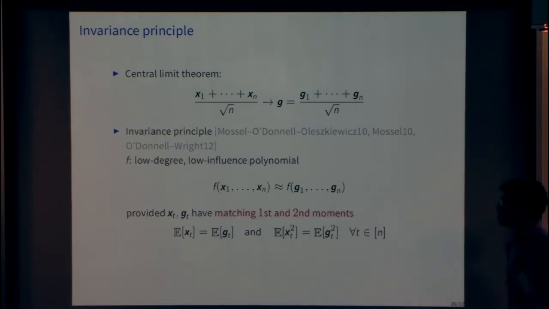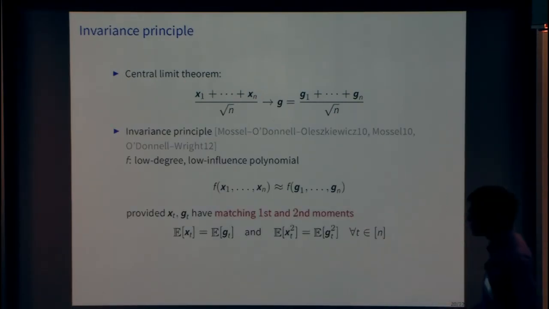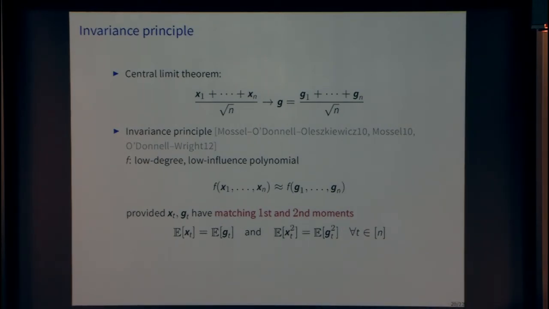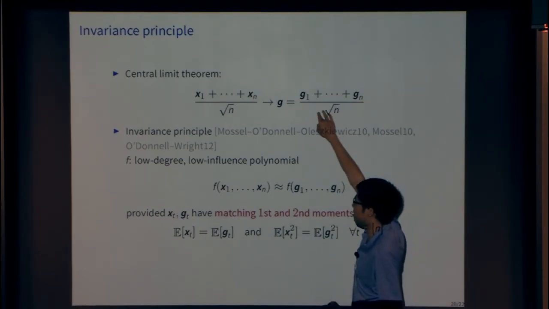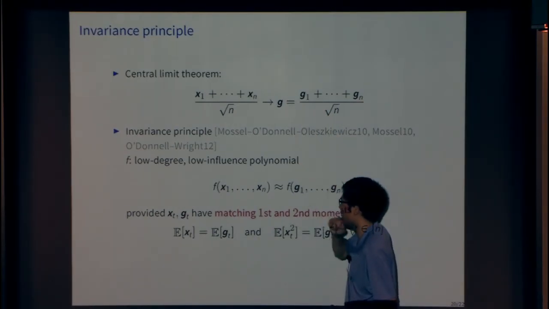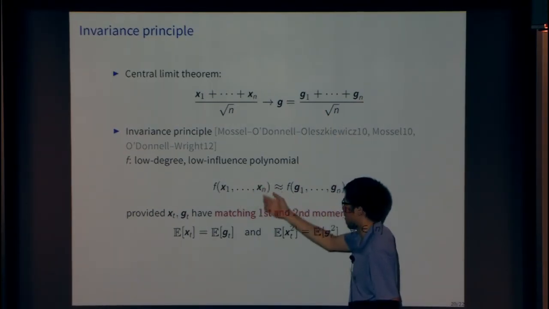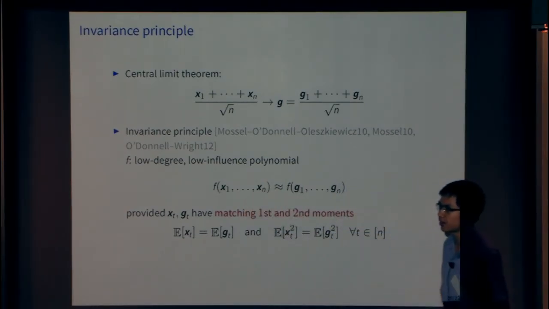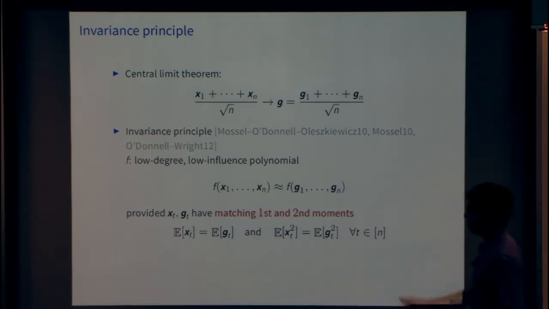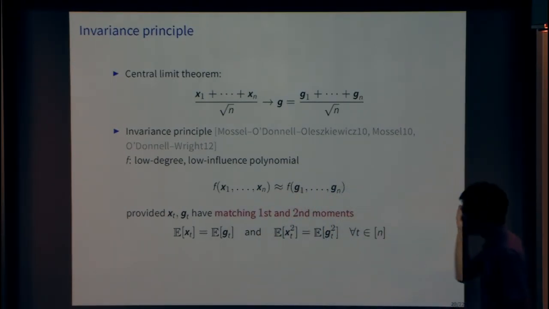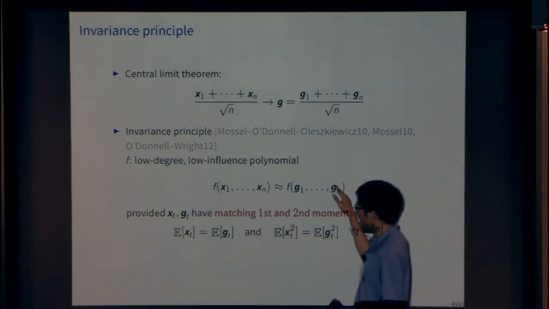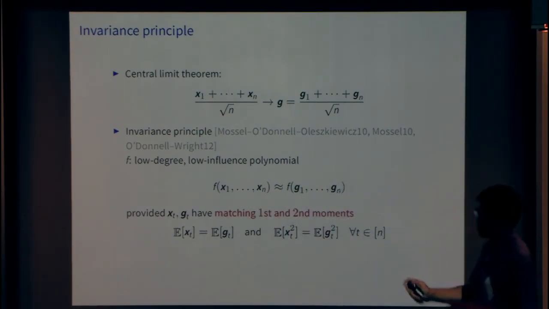So the invariance principle, developed by many people, generalizes this fact. It says that if we have a low degree polynomial that does not depend too heavily on any single coordinate, and we plug in independent plus or minus 1 bits versus independent standard Gaussians, the distribution we get after applying the polynomial will be similar.